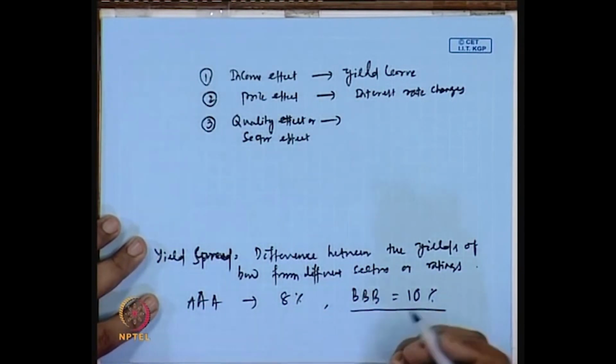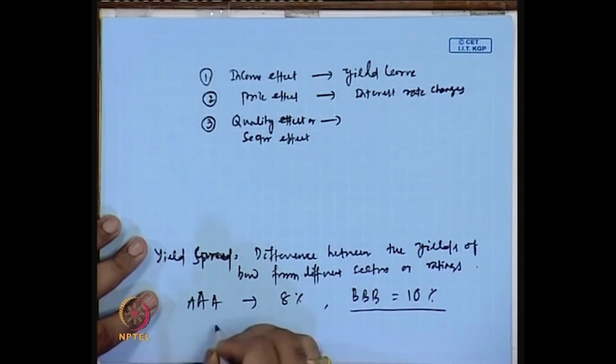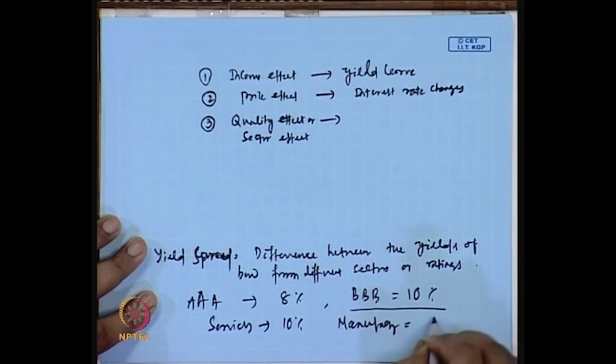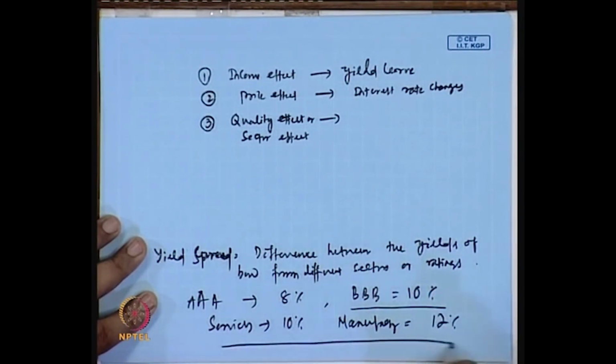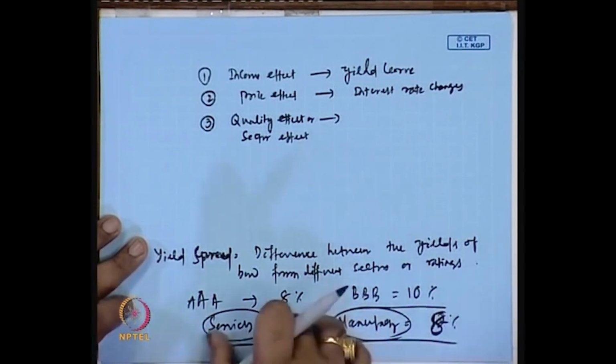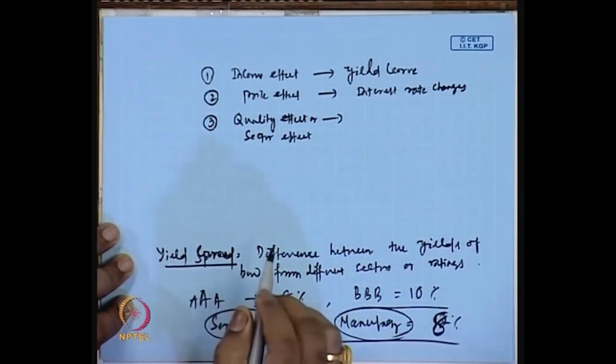Also on the basis of sectors, if a bond is issued by the services sector, maybe the return is 10%, but if it is issued by the manufacturing sector, maybe the return is 8%, because it is more or less consistent, but services sector bonds are more volatile. Therefore, more risk is involved in the services sector, but less risk in the manufacturing sector. So, the difference between these two is basically the yield spread.